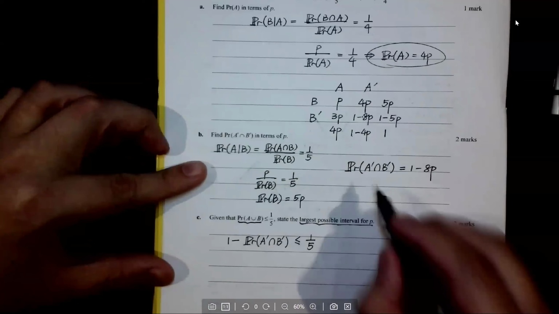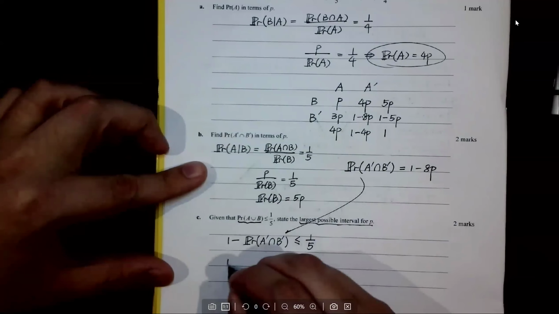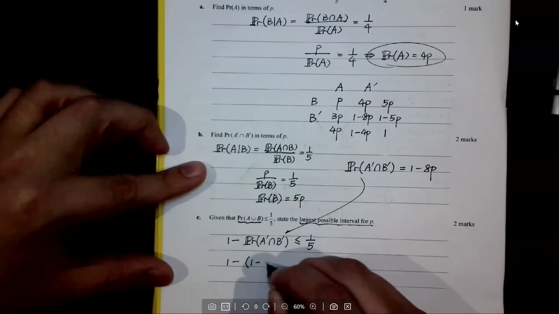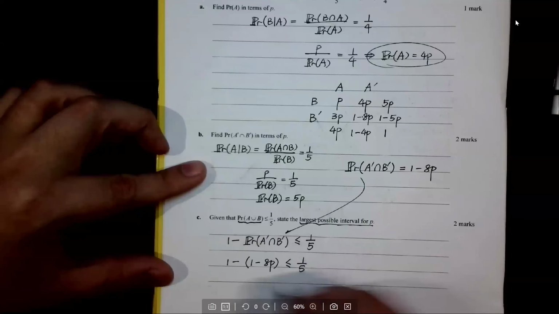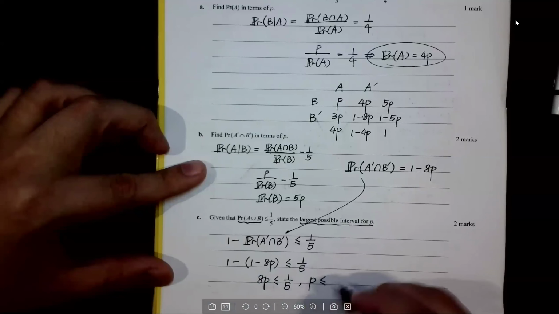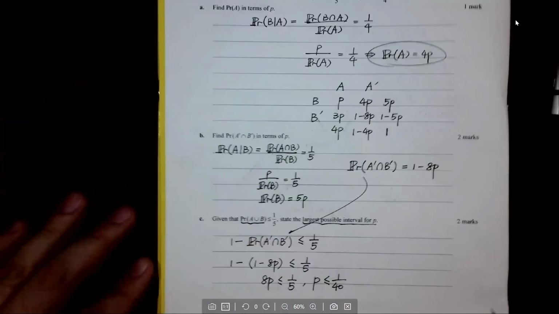We can directly use this result, say 1 minus 8P is less than or equal to 1/5. So eventually you have 8P less than or equal to 1/5, and P is less than or equal to 1 out of 40.